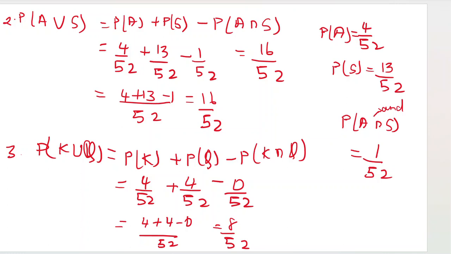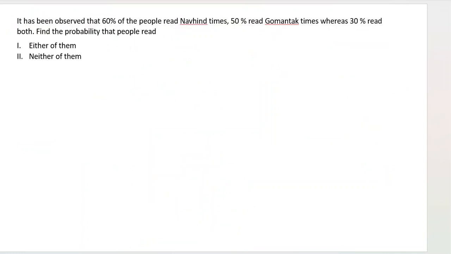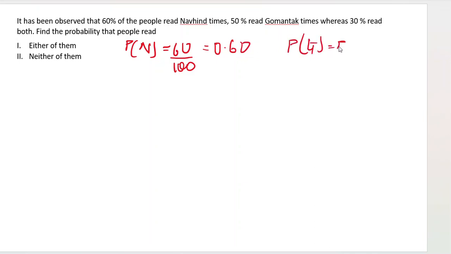We now solve another problem related to this addition multiplication theorem. It is observed that 60% read Navin times. That means the probability of Navin times is 60%, but we want probability, so we divide by 100 and get 0.60. Similarly, probability of Gomantak times is 50 by 100, which is 0.50.